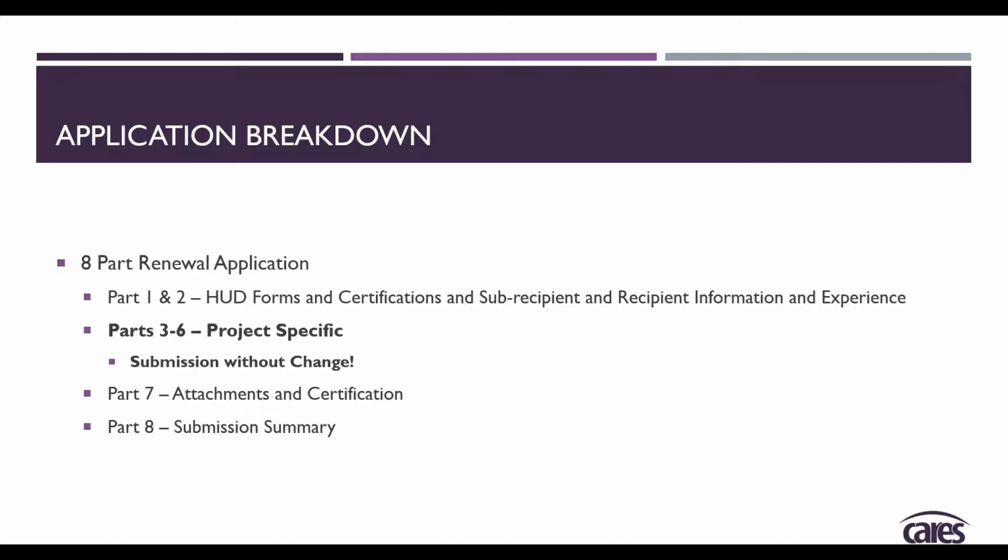So we're focusing on permanent housing because that's the majority of the applications that we receive. If you have transitional housing or support service only, it does look very similar, but the majority of the information that we're covering today is general, and this will help you anyway. Part 7 are the attachments and the certification, and then part 8 is the submission summary.